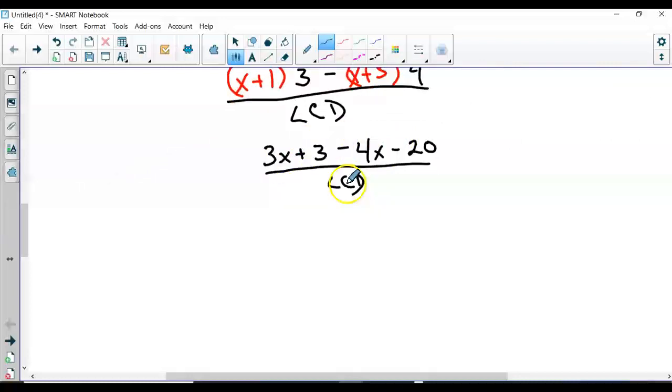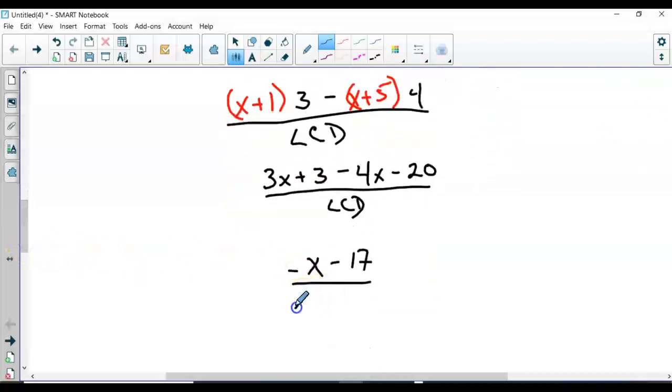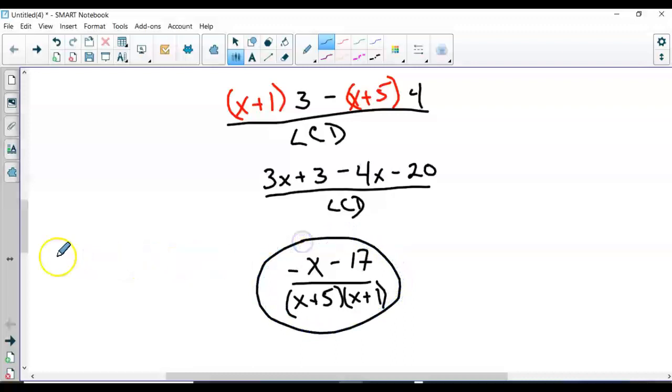So 3x minus a 4x is negative x. 3 minus 20 is minus 17, all over top of the LCD. And since I'm looking for the final step now, I'm going to put my x plus 5, x plus 1. Okay, now I can check to see if I can factor anything out. No, can't. So I can't cancel anything, so this is my final answer.